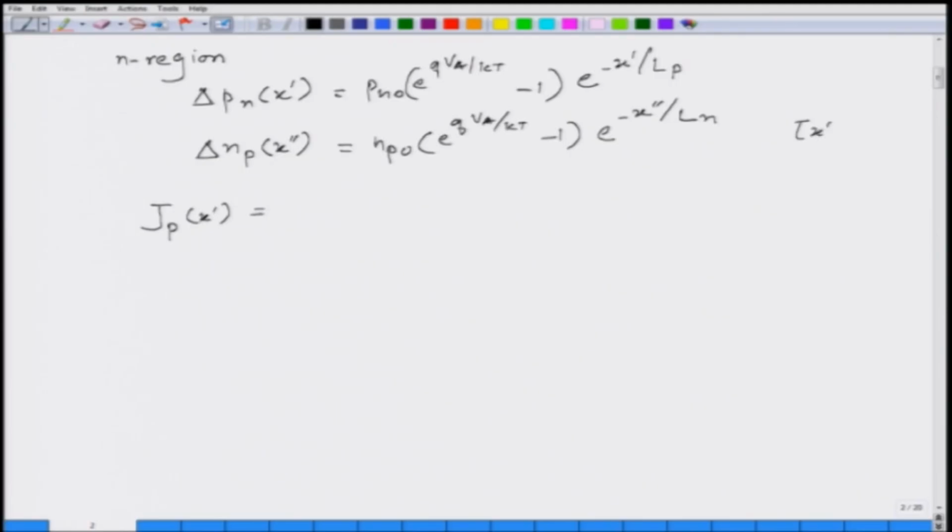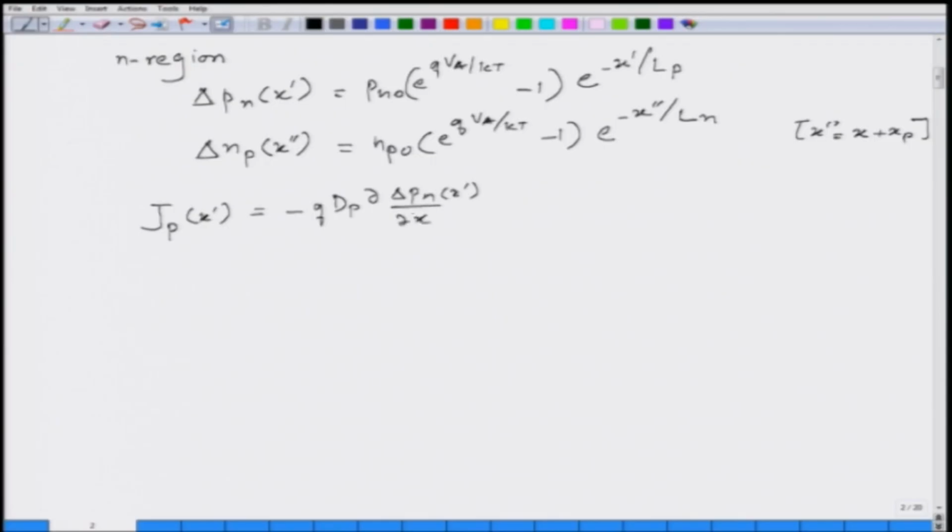Remember, x double prime here is going to be x plus x p. So, x prime is going to be, the whole current is going to be negative of q, diffusion constant, the concentration that I have just calculated, and del x, because this is the only thing that is existing there.